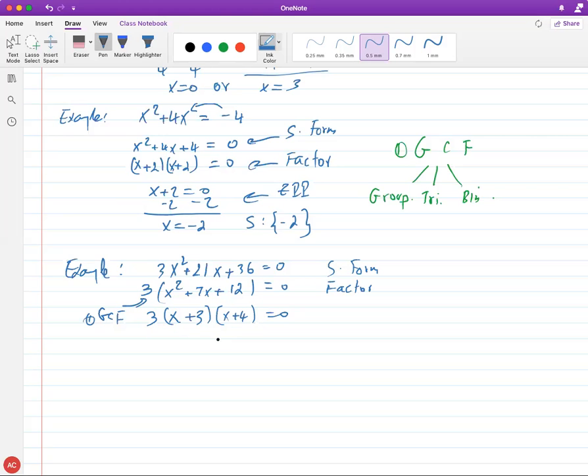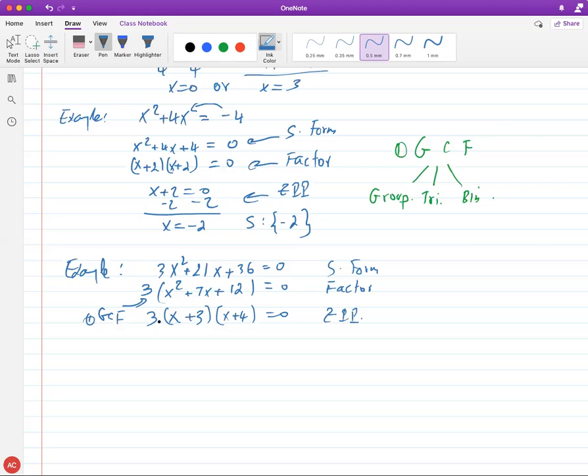And now we can go ahead and use the zero product property. So we have 3 factors here. We have 3, we have x plus 3, and x plus 4. Only 2 of these can be 0, not this one. This is a constant, it doesn't have x, so this will never be 0. It's just 3.